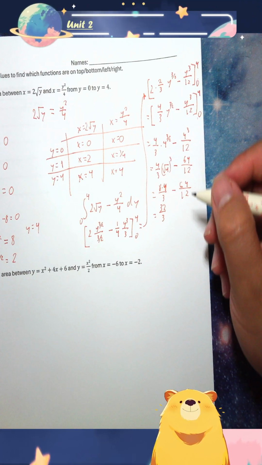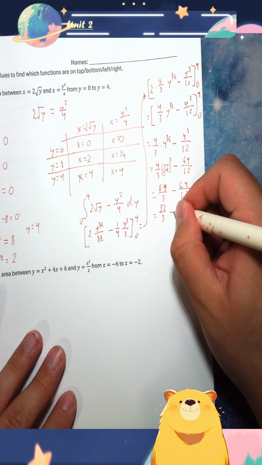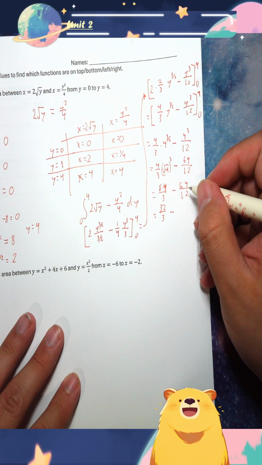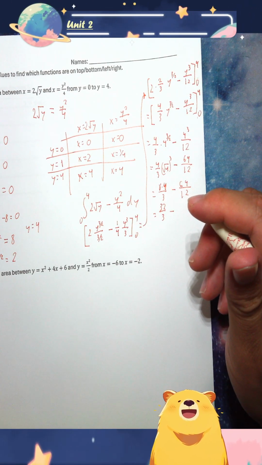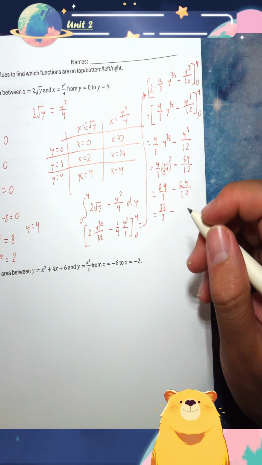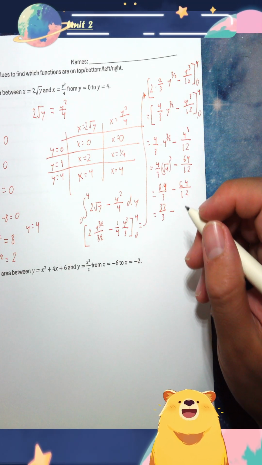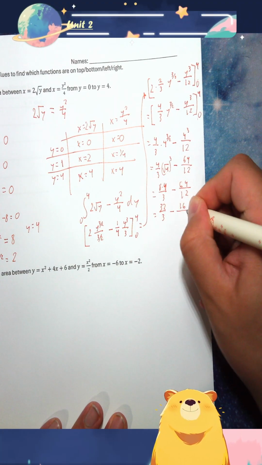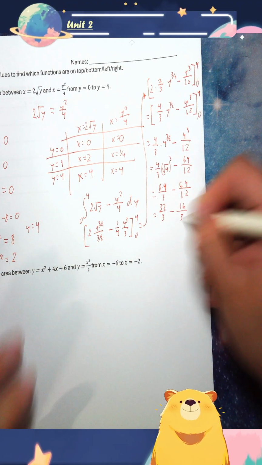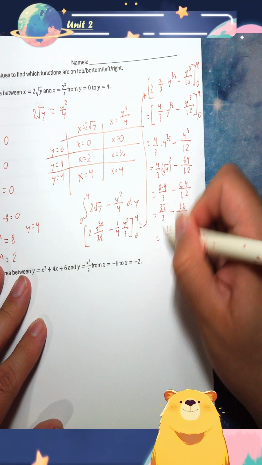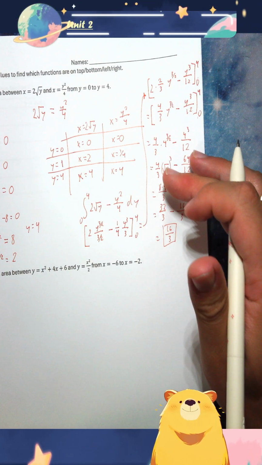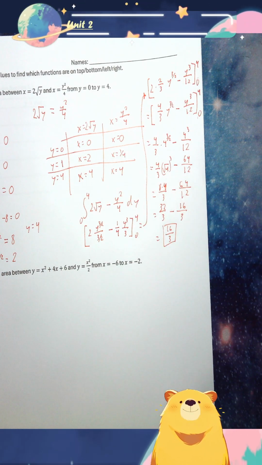And then I'll divide both of these by 4. 64 divided by 4 is 16, so that's 16 over 3. That's my final answer. Let me double check my work.